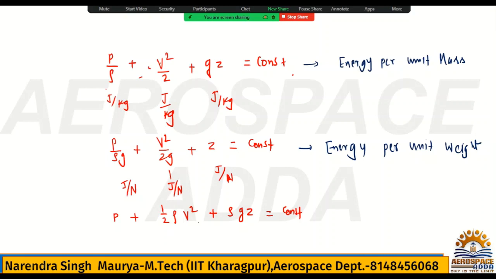If you write the unit for all, similarly for one half rho v square: 1 by 2 is a constant. Rho is mass per unit volume, kg per meter cube. Velocity is meter per second, squared. So this is kg per meter cube times meter square per second square, and meter square cancels out. So this is kg per meter into second square.